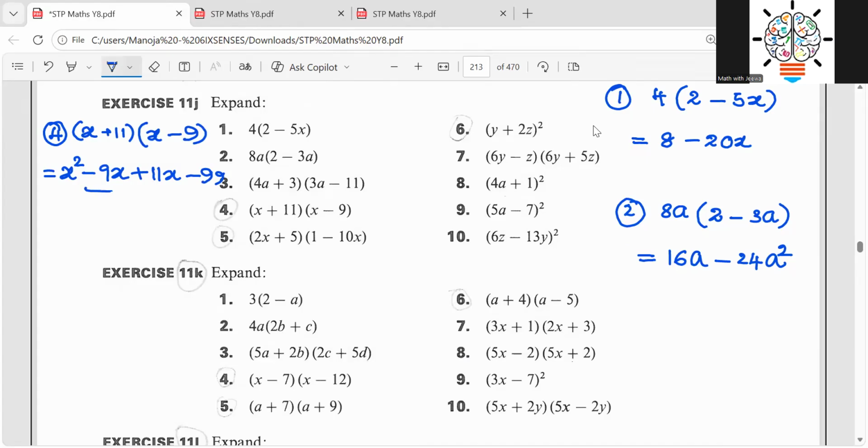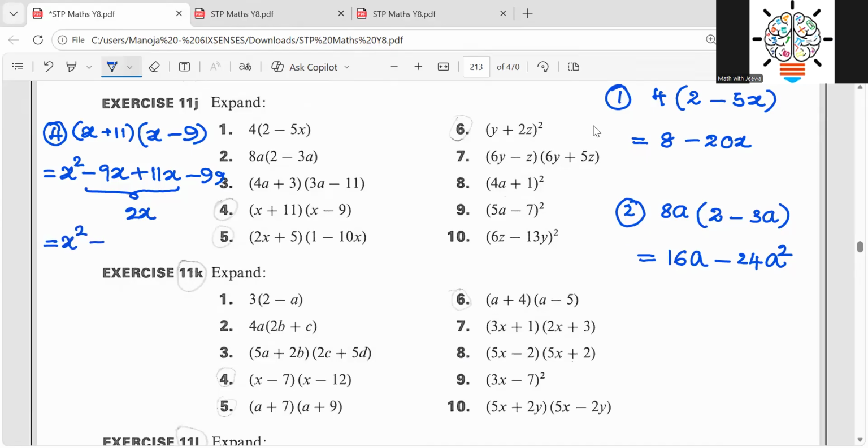Then you have the like terms, negative 9 and positive 11. When you have the different signs like this, children, you want to get the difference of the numbers. So 11 and 9, the difference is 2. So then you write here 2x. And then what is the sign you use? You want to use the sign of 11 because that is the higher digit. So then what will be your final answer?